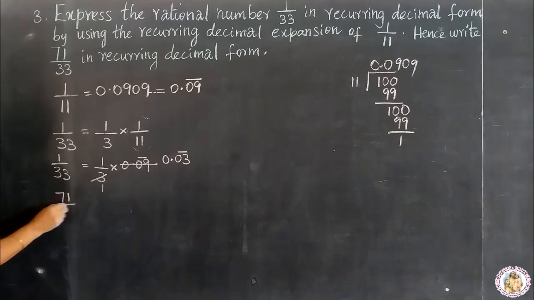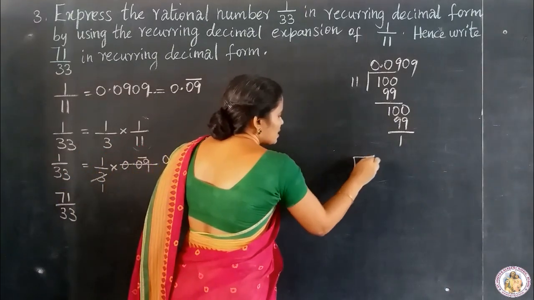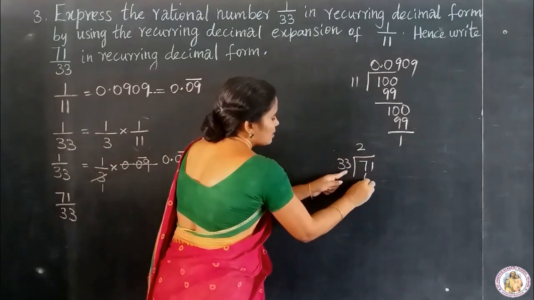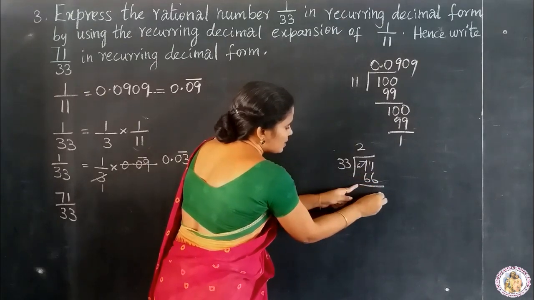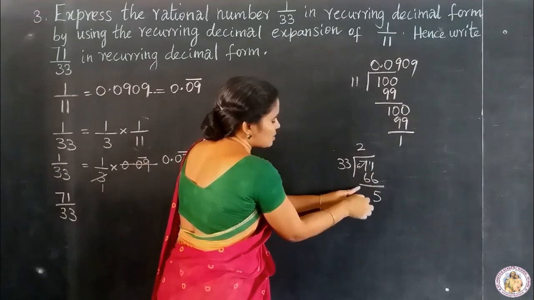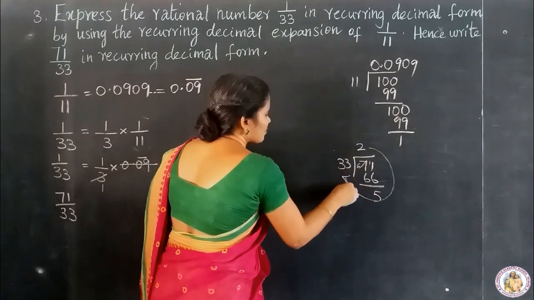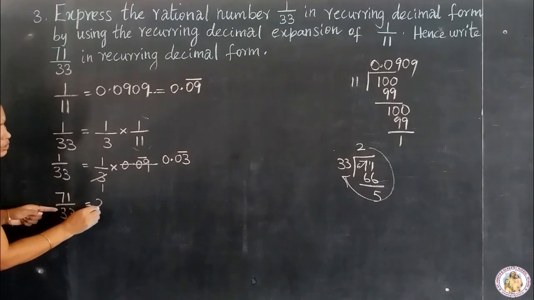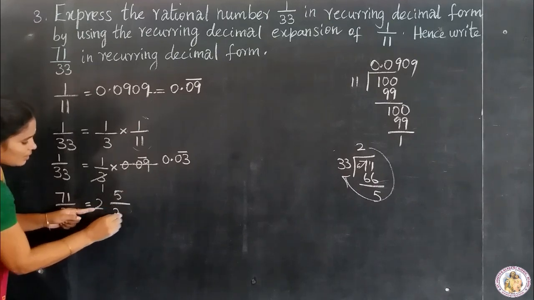So now we have to apply in 71 by 33. So first divide 71 by 33 and write in a mixed form. 2 3s are 6, 2 3s are 6, 66. 71 minus 66 is 5. Okay. So it is 5. Write 71 by 33 is equal to 2 5 by 33.